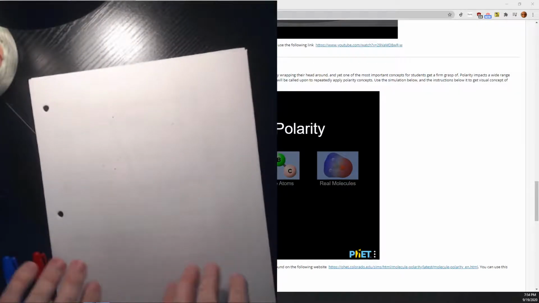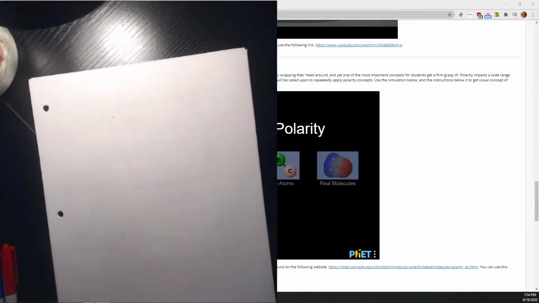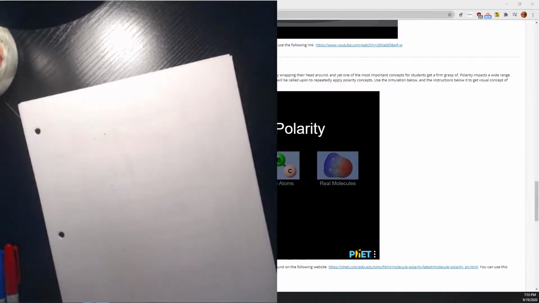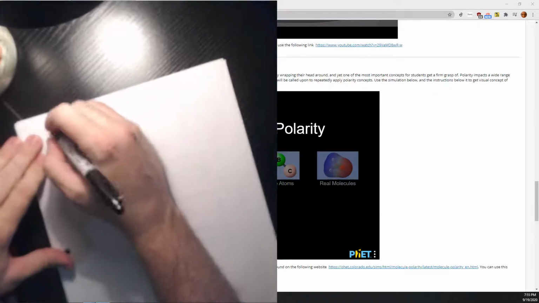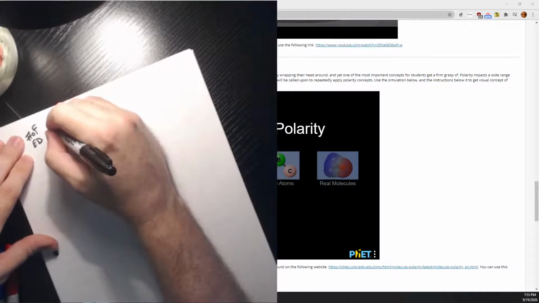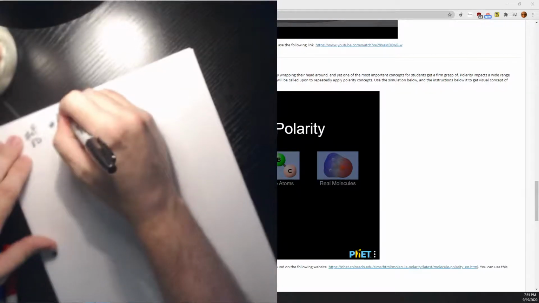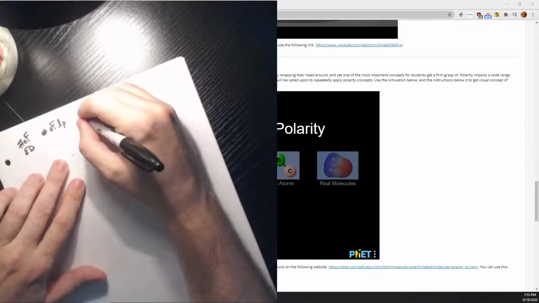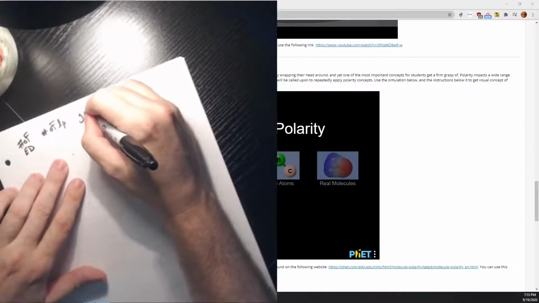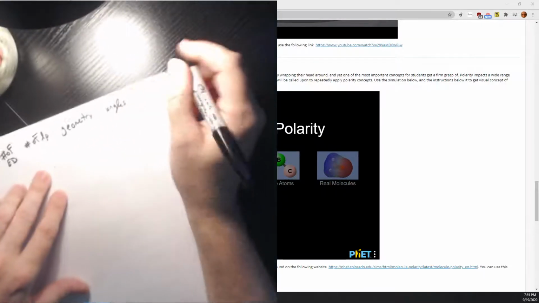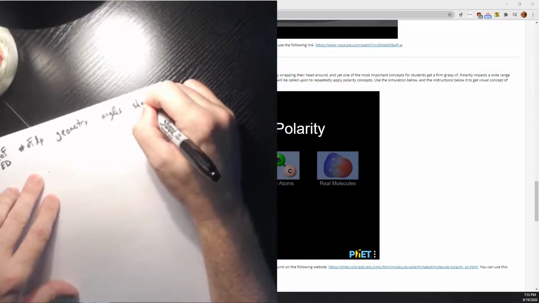So let's see if I can squeeze all of this onto one page using Sharpies. It's going to be difficult. Wish me luck. Okay, so number of electron domains, number of lone pairs, geometry, angles, shape.